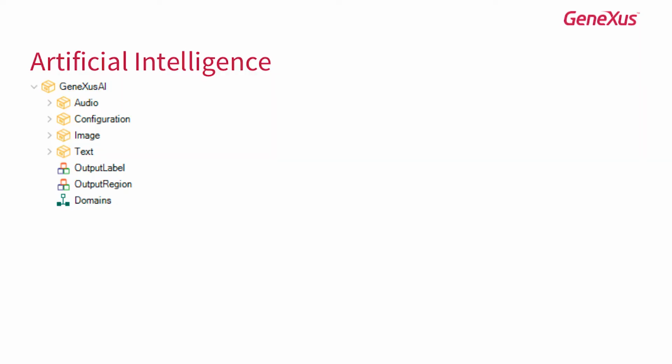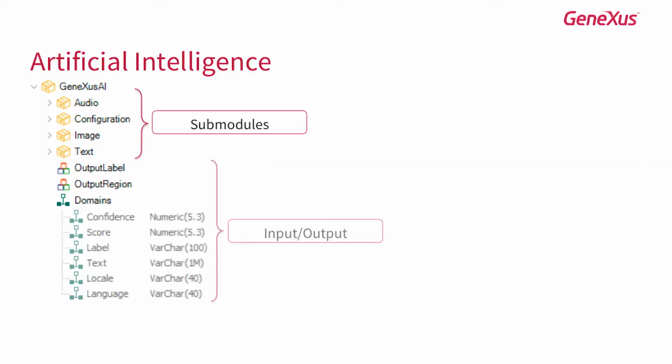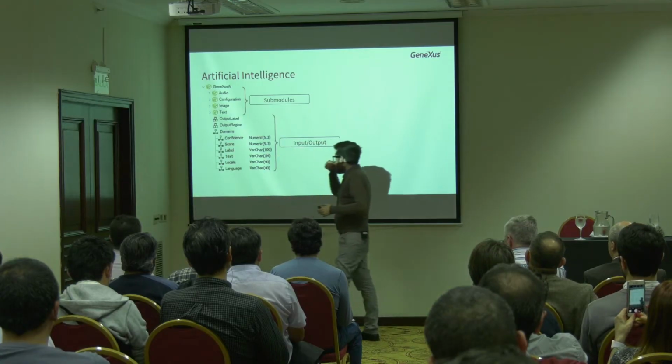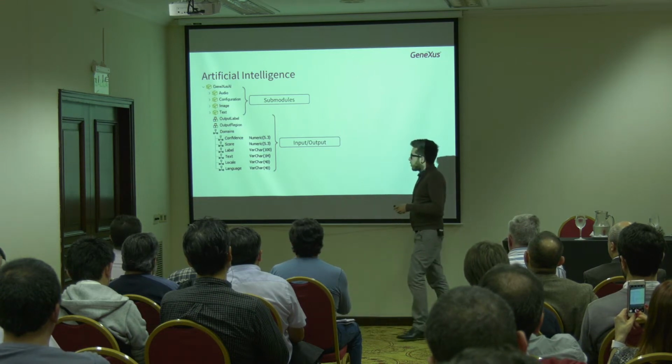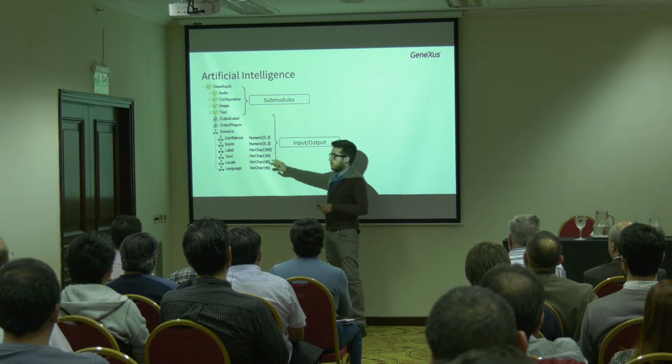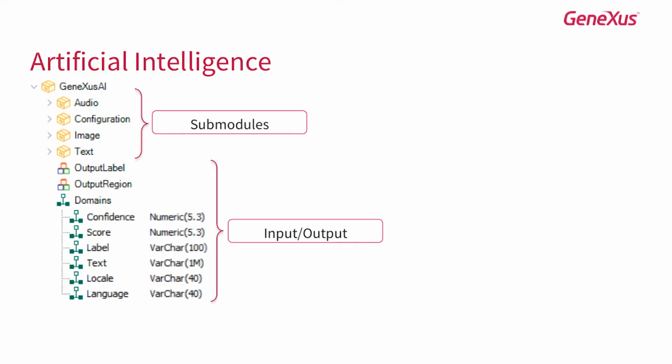How is this module structured? It has 4 submodules. I'll tell you what each one does, and then a series of domains and types of data that are going to help us with the input and the output of the methods. The modules are quite intuitive.